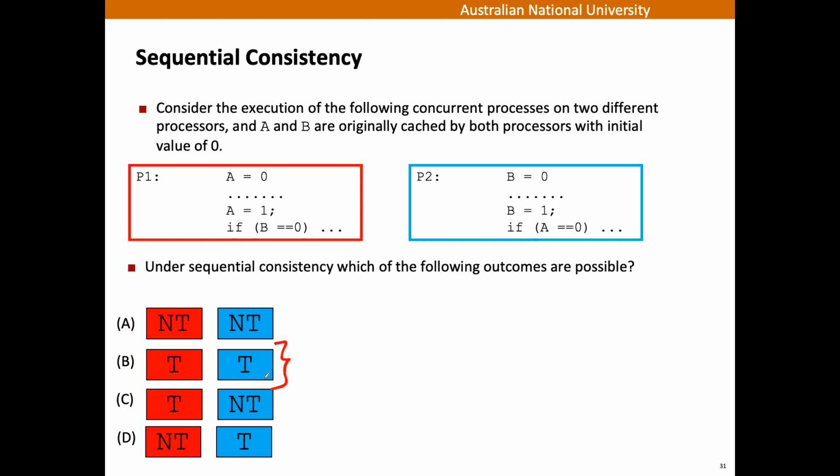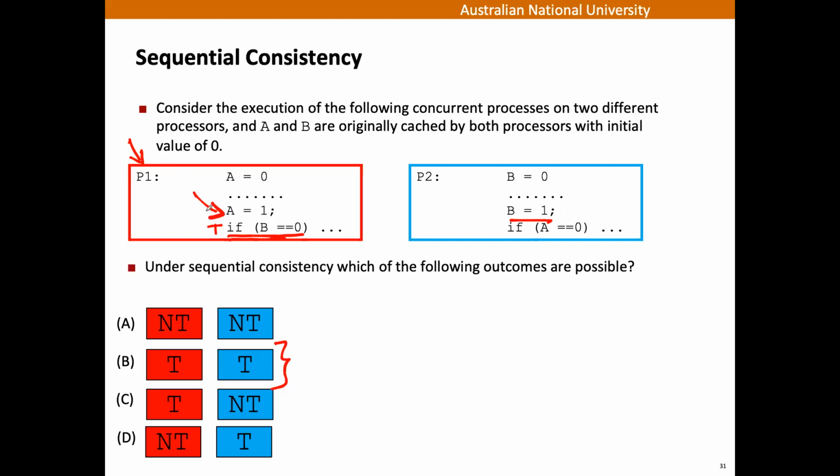Okay, the way to reason about it is as following. Let's say the red one is taken. If the red one is taken, then this must have executed, right? And so this is taken. Now, if this branch has executed, what does it mean under sequential consistency about this instruction?